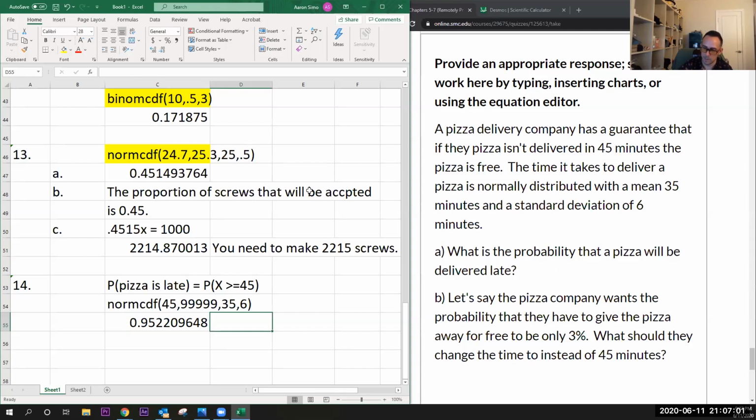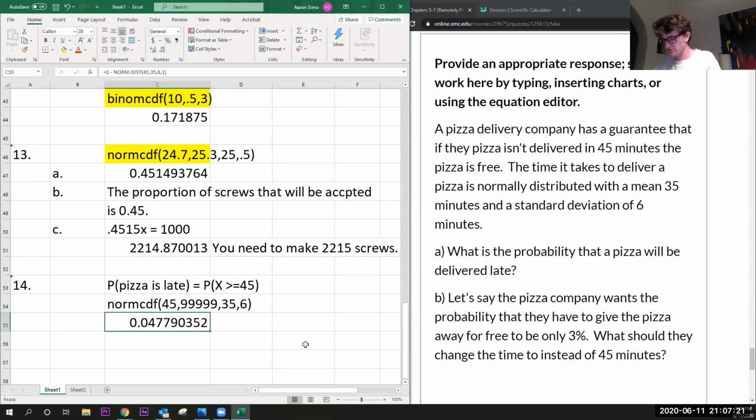Well, I would want 1 minus that though. 1 minus that. On Excel, I would do it like that. We're getting 4.8%. Is that what you guys got or no? Or are you still learning? Yeah, I got 4.8. Cool.